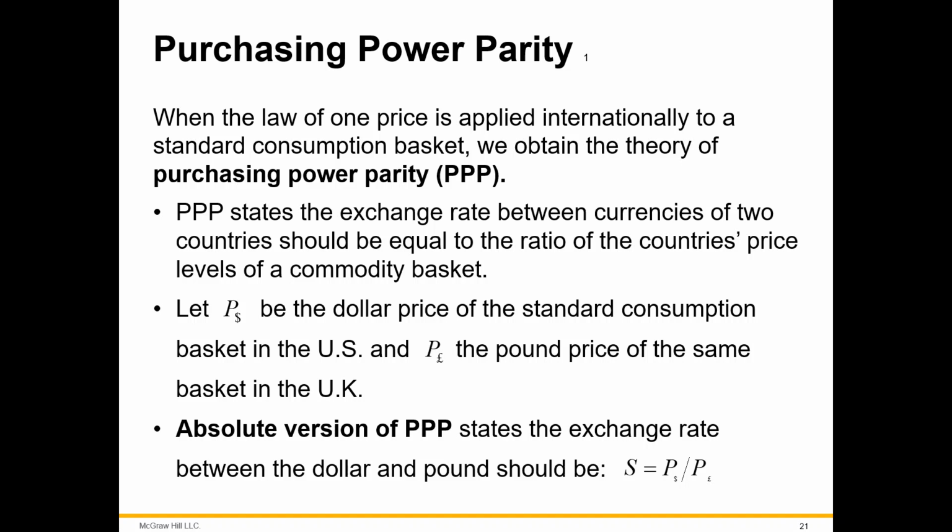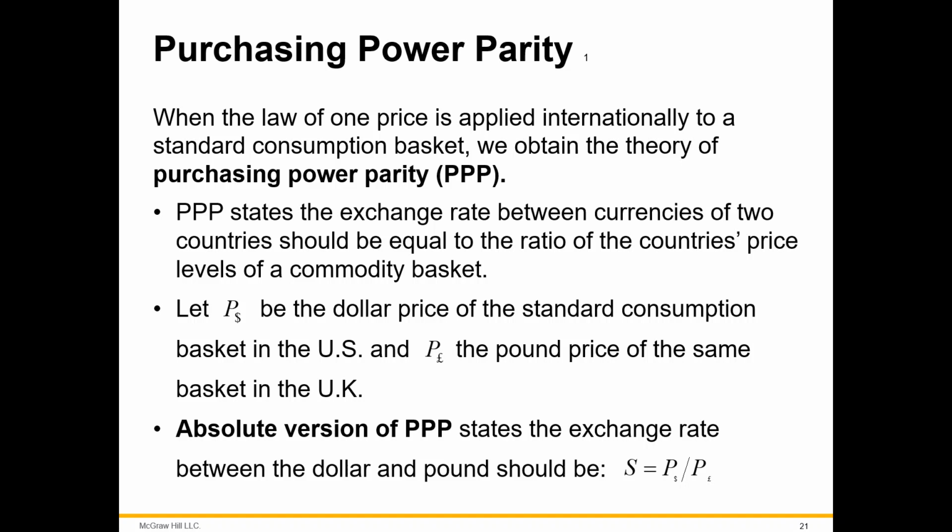So if I've got copper, uranium, rough rice, and Brent crude, and those all have prices in dollars and in Australian dollars, it should be true that if all of that stuff is twice as expensive in Australia, then the Australian dollar should be half as expensive to purchase to make it all even out.